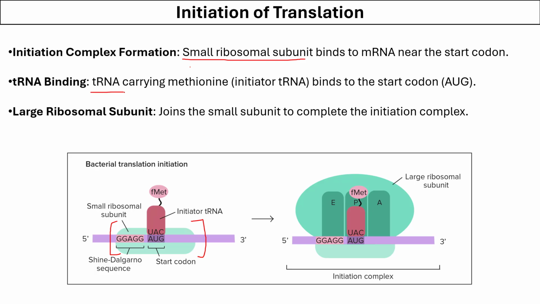Then the tRNA carrying methionine has to look for the AUG, which is the start codon on mRNA. Once this tRNA finds AUG, it sits on it, and the larger subunit of the ribosome comes and makes a complex with the smaller subunit. This initiates the translation process.